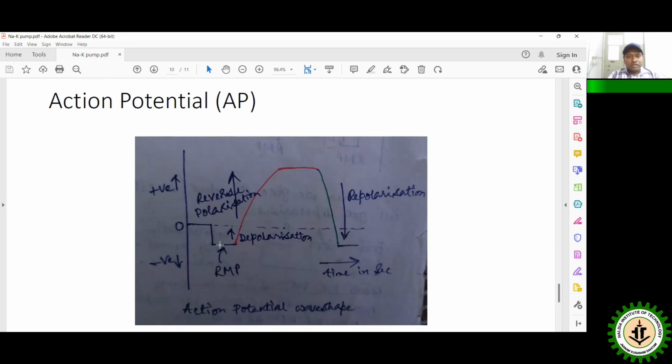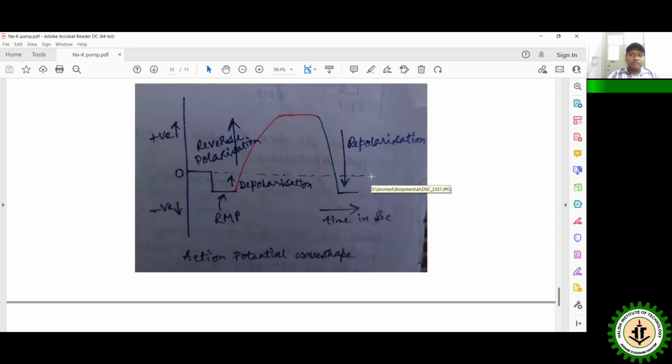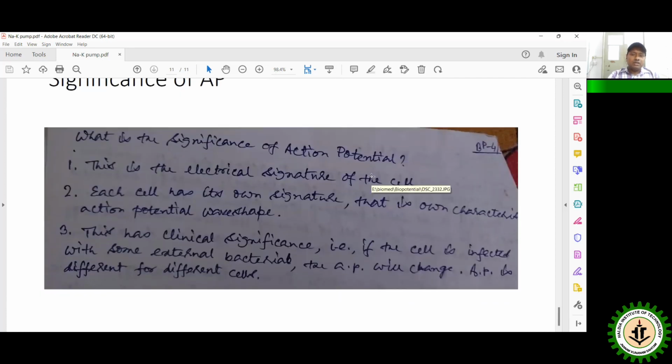Either it will start from minus 70 or minus 110, somewhere over here. So the same thing will not be achieved while the cell is infected with some external bacteria or viruses. So this action potential wave shape has clinical significance. If the cell is diseased or infected, the action potential will change. Action potential is different for different cells.